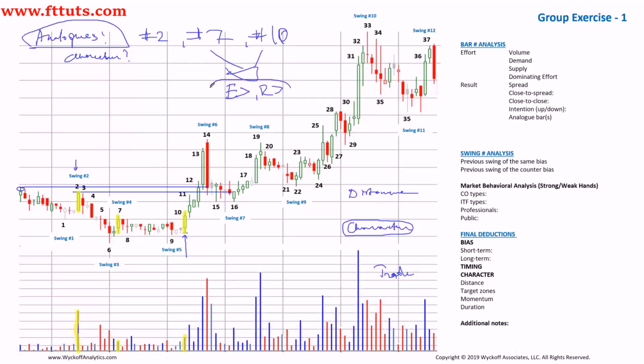Yeah, absolutely. So bullish. What we're saying is that bar number 10 is more bullish than bar number 7. And why this is so important is because we know what happened after bar number 7.